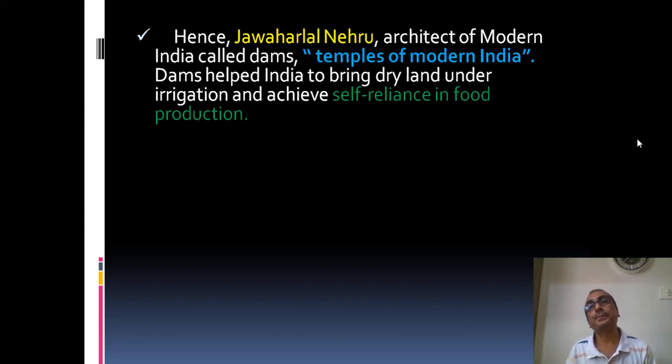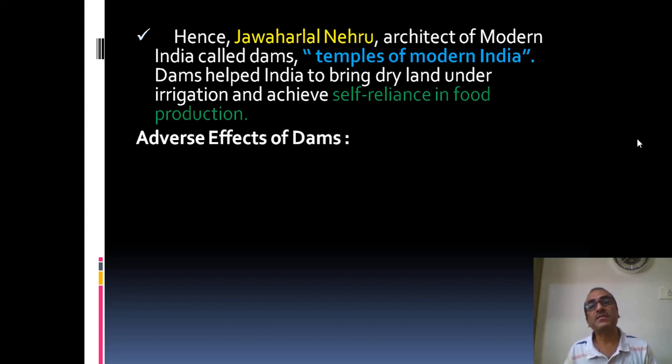According to him, dams are like the temples of modern India, because dams have provided us the means of irrigation and plenty of food we are able to grow, and the fight against hunger and poverty has been won through this program. Therefore we can say that we Indians are now self-reliant in food production, and we are also exporting a huge amount of food grains.